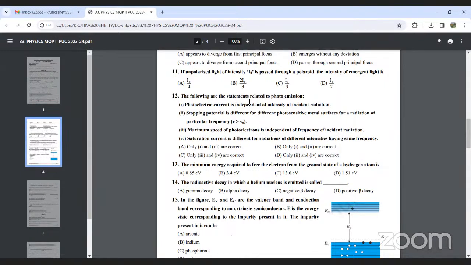For a radiation of particular frequency, maximum speed of photoelectrons is independent of frequency of the incident radiation. Saturation current is different for radiations of different intensities having same frequency. Which statements are correct, you have to choose in the options: first and third, first and second, third and fourth, second and fourth.